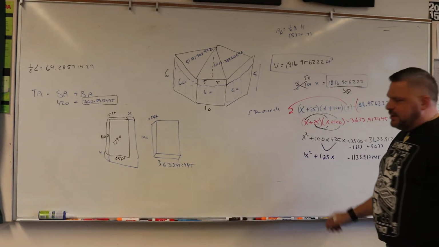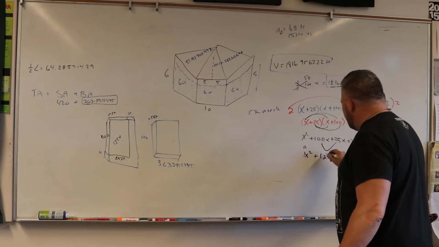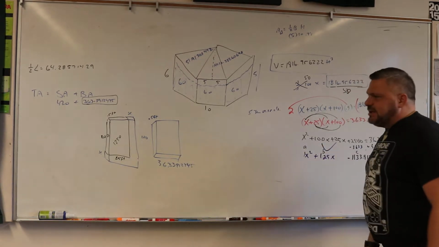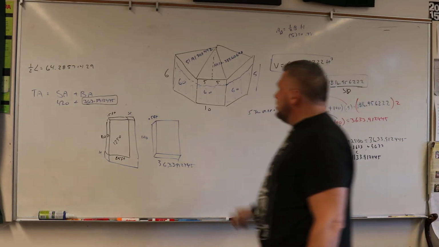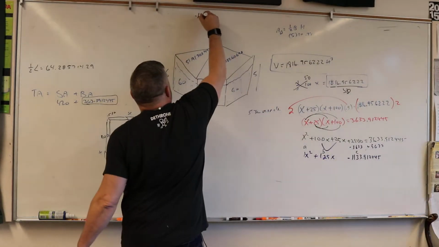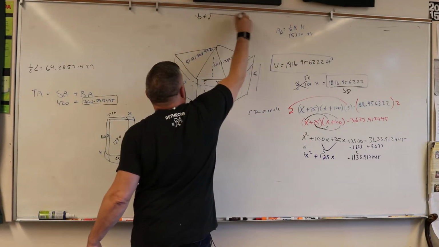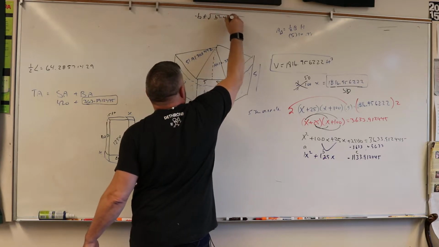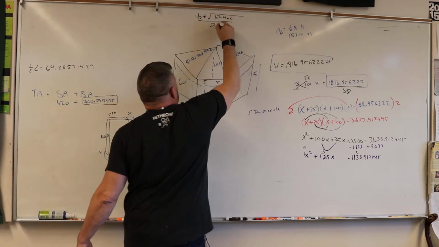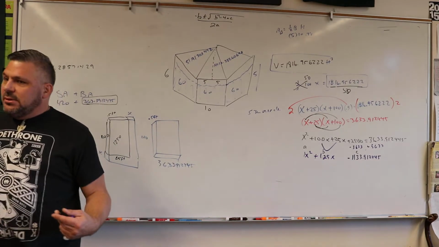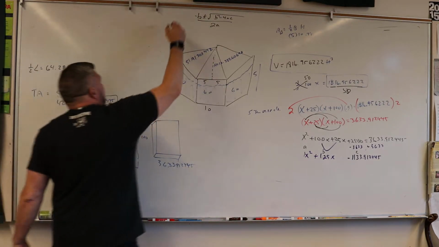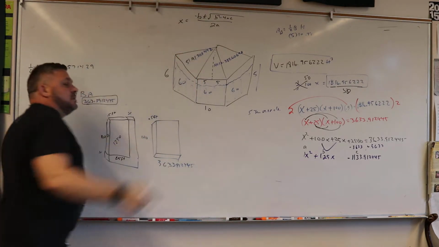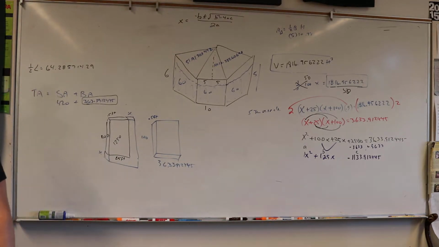Now, there's a number out in front of that x squared. It's 1, right? So we have A, B, and C. Remember? Negative b plus or minus the square root of b squared minus 4ac all over 2a. That's what we're doing. We're doing our x equals, right? Our quadratic formula.